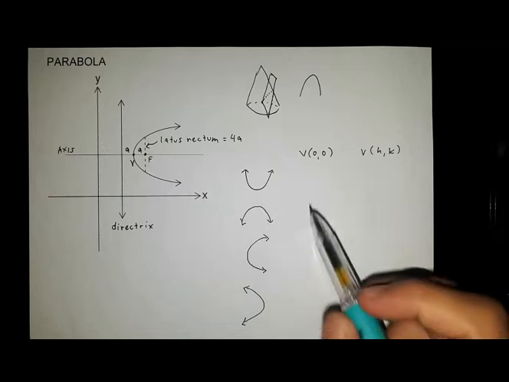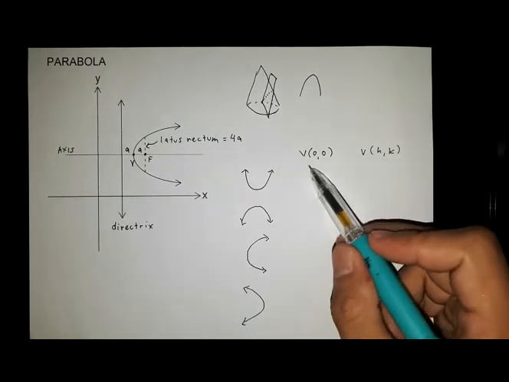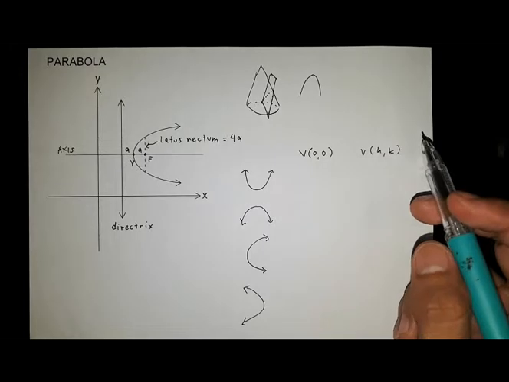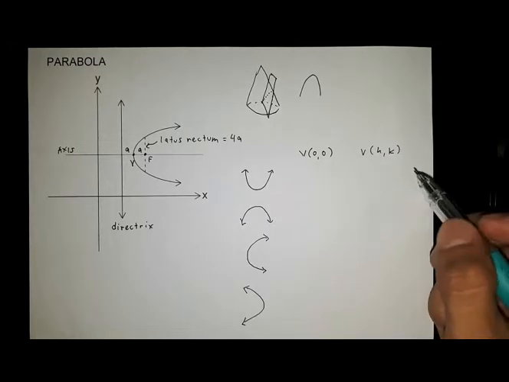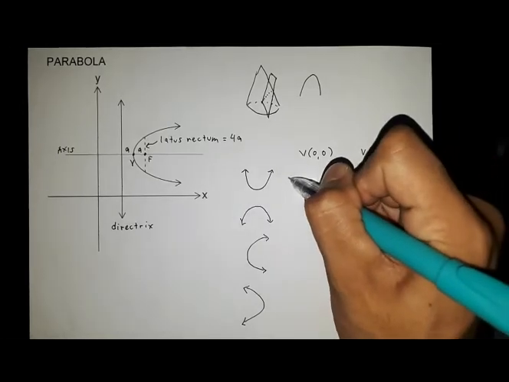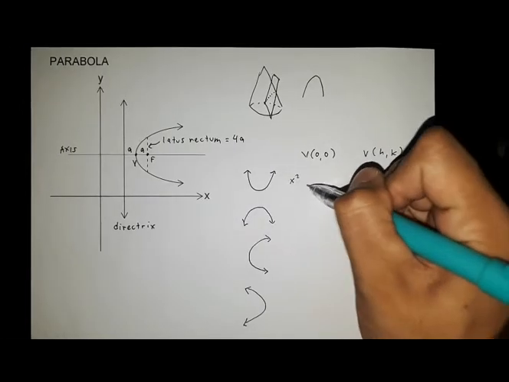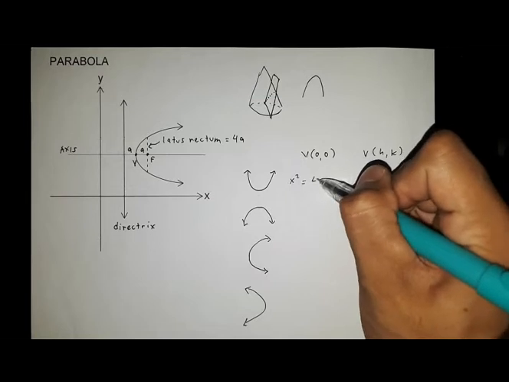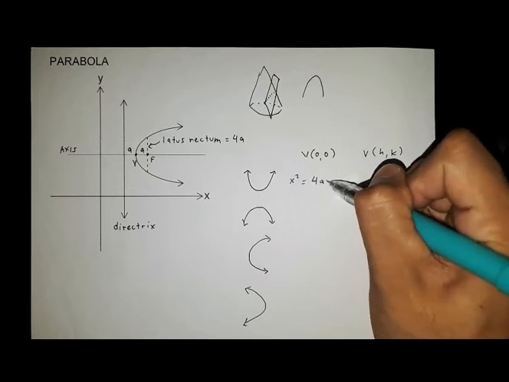So if your parabola has the vertex located at the origin and it opens upward, the equation for the parabola is x squared equals 4ay.